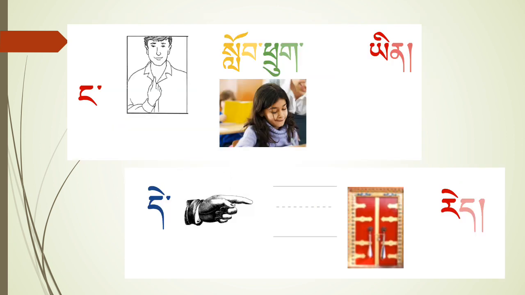Or nga lobchu yin. Nga lobchu yin. I am a student. Can you guess the next sentence? We've seen this word. The word for door was go. So tegore. Tegore means that is a door.